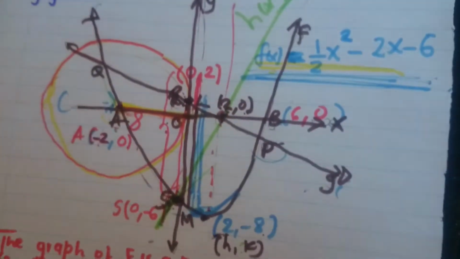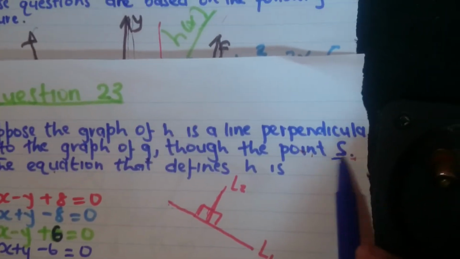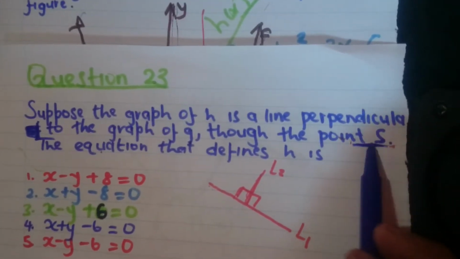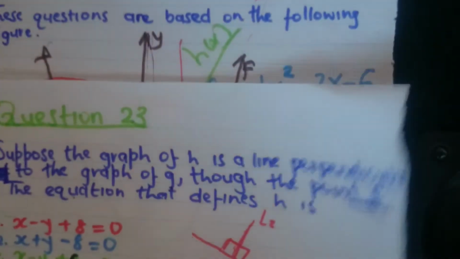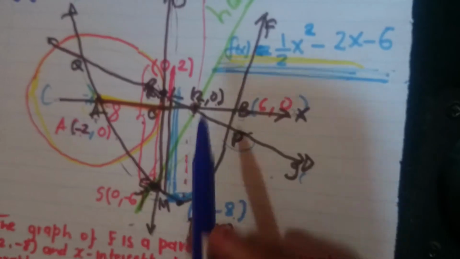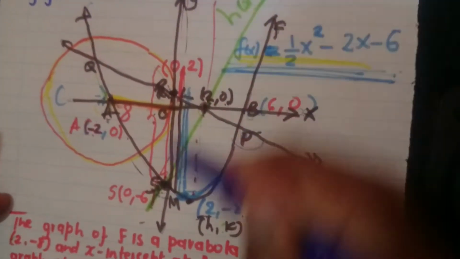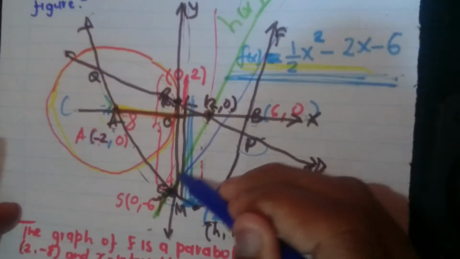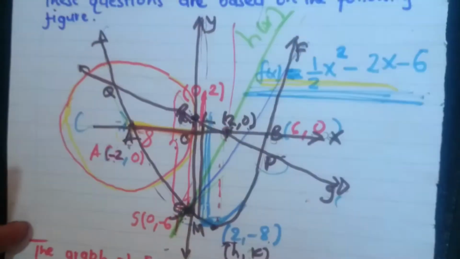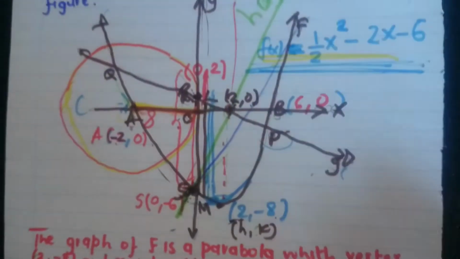They say the new line H of X is going to pass through the point S and not these coordinates. So this line here was not drawn clearly. Let's assume like this. We're not sure if it's going to pass here, but we're going to find out later. It will be perpendicular, so let's find out and see where it's going to come.